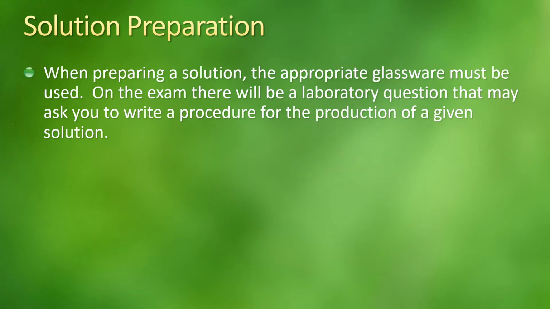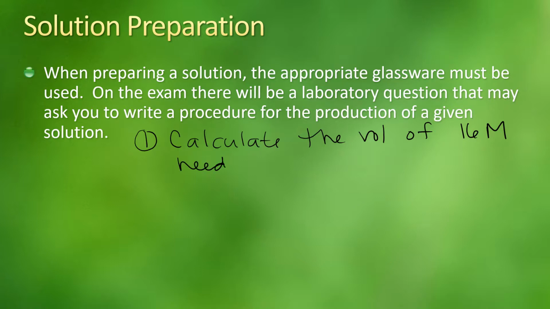In order to prepare this in a laboratory setting, we first would need to calculate the volume of our 16 molar solution needed. We did this on the last slide.